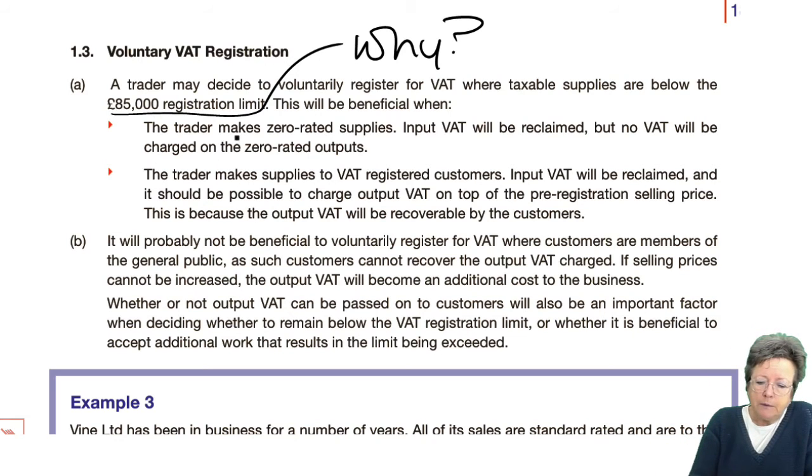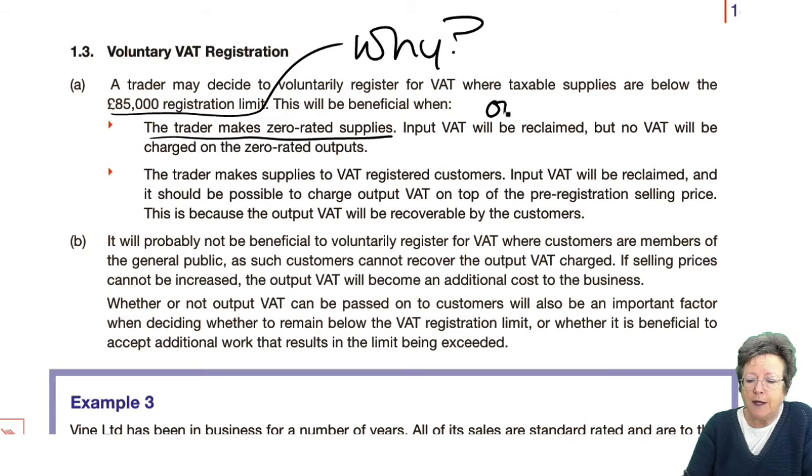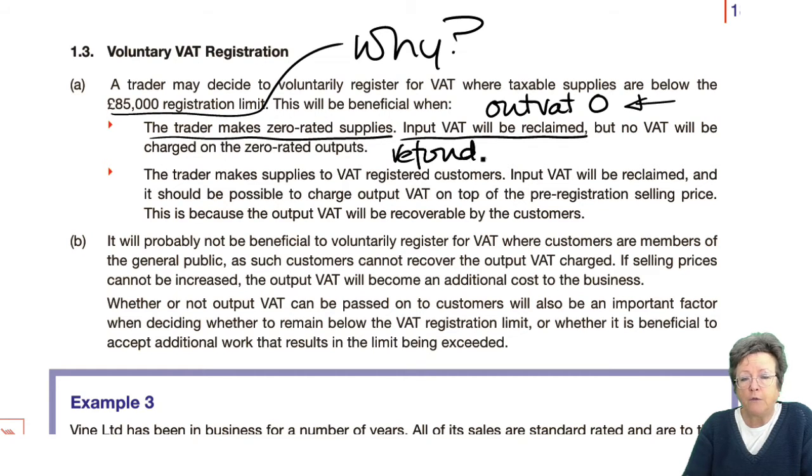Benefits are, if the trader makes 0 rated supplies, in other words, their output VAT is 0. However, their input VAT can be reclaimed, what they've paid on their purchases, and therefore they'll get a refund of that VAT. Okay.